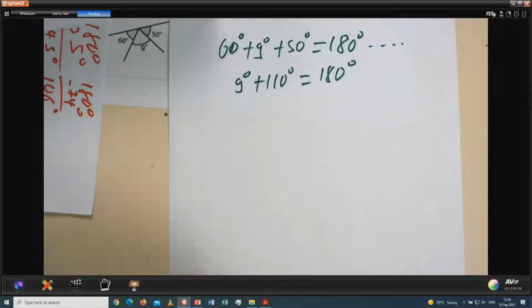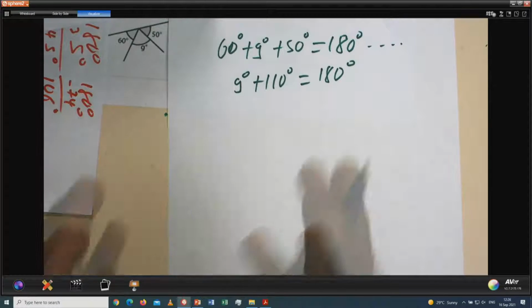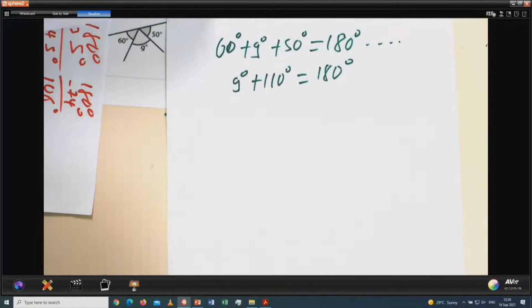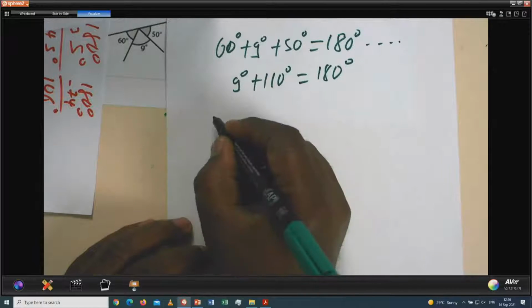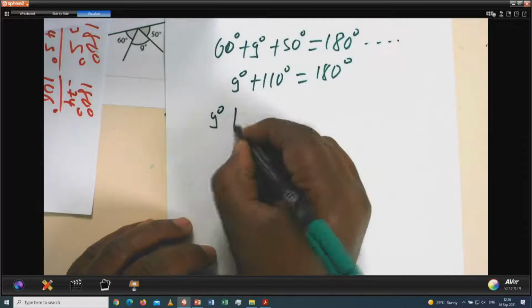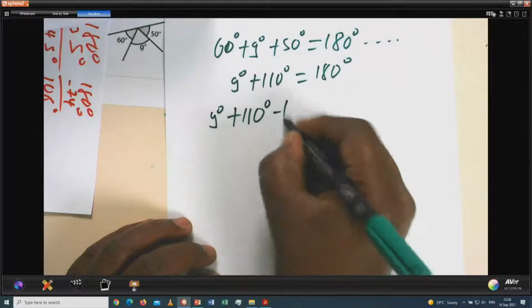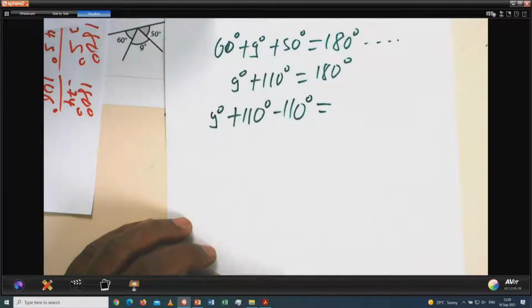Then what will you do? We want to remove 110 degrees. How do you make it 0? You use your additive inverse, something that will give you 0. Therefore, G degrees plus 110 degrees minus 110 degrees.